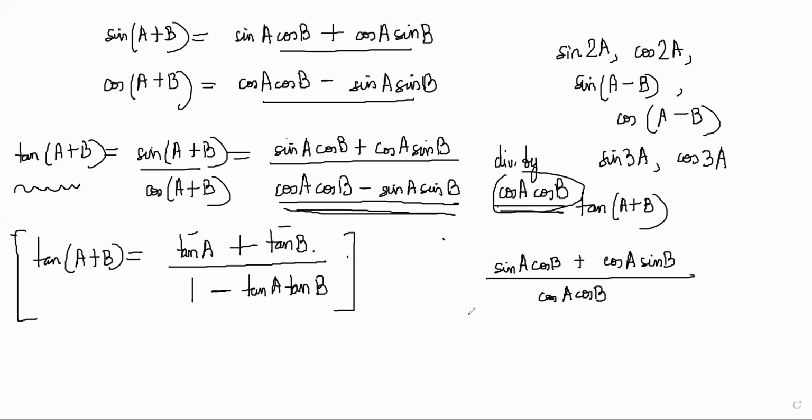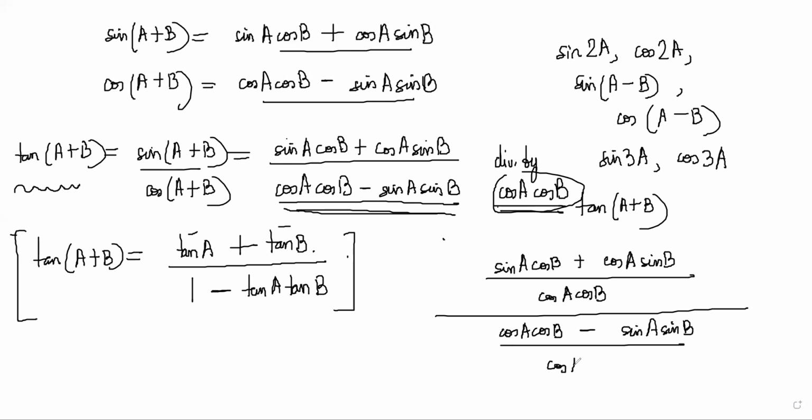See. What will it be? Tan A plus tan B divided by 1 minus tan A times tan B. Oh, okay, now I get it.